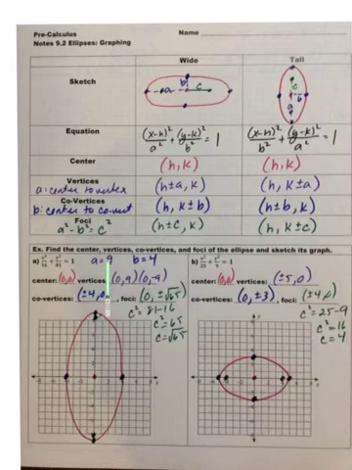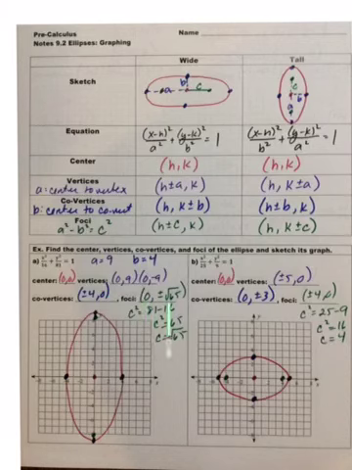And then for our A, well, it was underneath the Y. So that just says go up 9 and go down 9. So if we go up 9 and down 9, we're at the points 0, 9 and 0, negative 9. B is 4. So from our center, I just go right 4 and left 4. So our covertices are at plus or minus 4, 0.